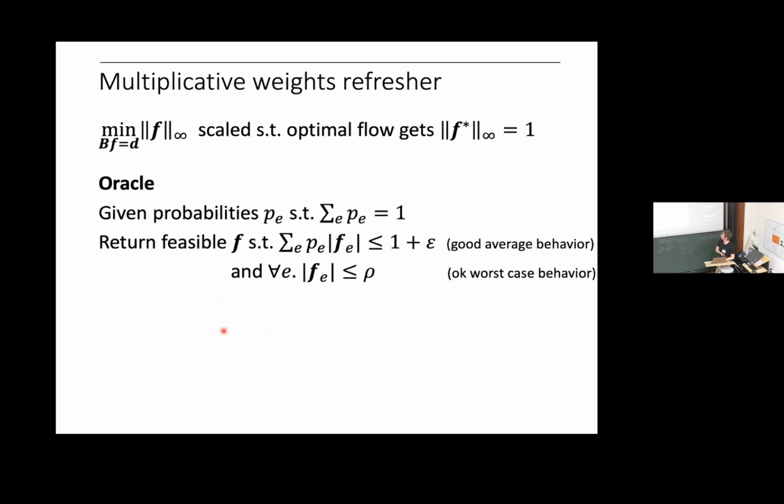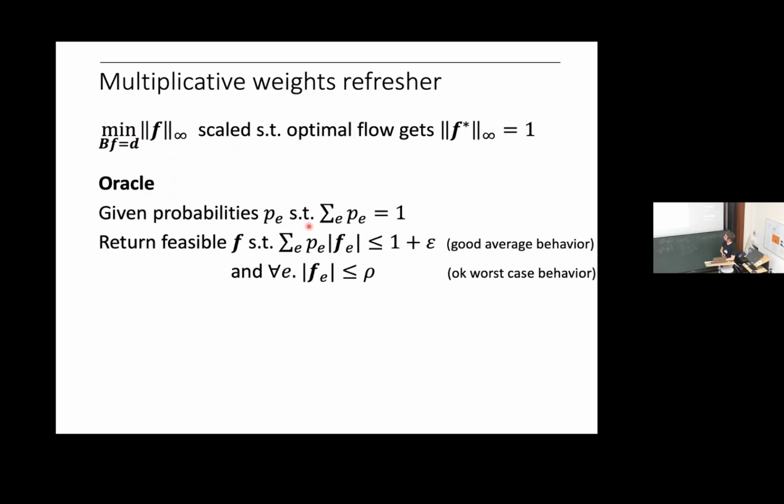I think we want to not dwell too much on the algebra, but just to say it briefly, for those who know some multiplicative weights, think about taking maximum flow and scaling it such that the optimal flow has norm 1. Now, what a multiplicative weight algorithm wants is an oracle that does something like this.